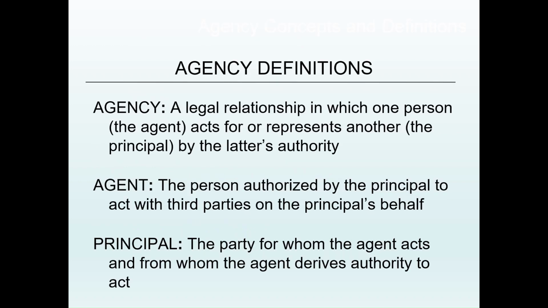We'll begin with some definitions. First of all, when one person acts on behalf of another or on behalf of a business organization, we have an agency relationship formed. An agent is the person acting on behalf of the principal. A general agent has authority to transact all business of the principal, all business of a particular kind, all business at a particular place, or all acts connected with a particular employment or business.